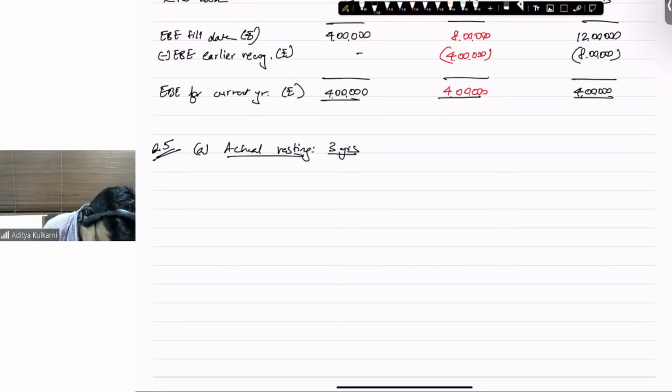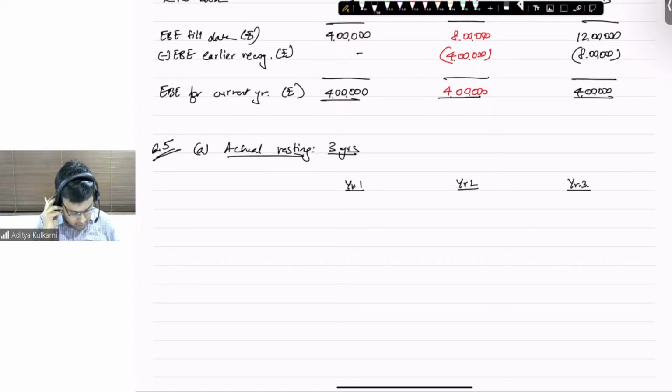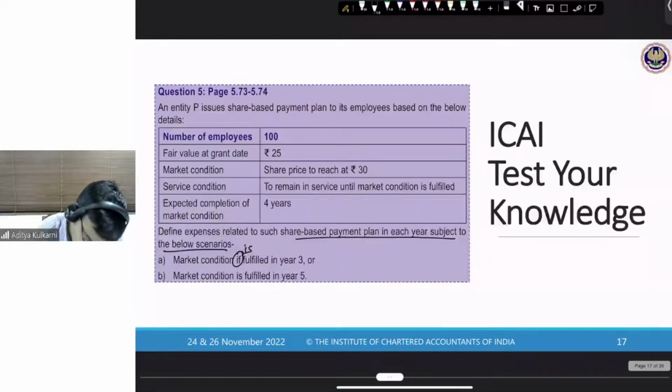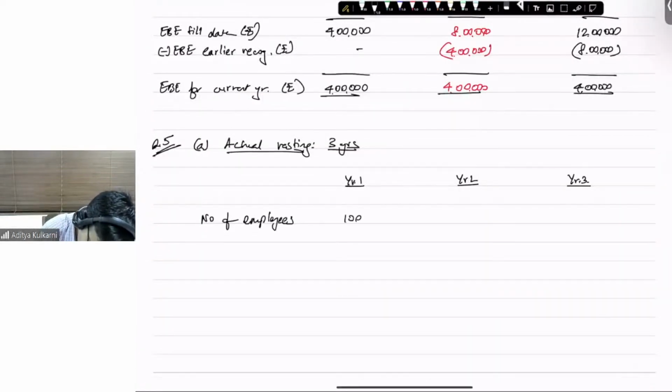Okay. So I am having year 1, year 2, year 3. Okay. Year 1, 2 and 3. So now, number of employees is how much? 100 into options per employee.